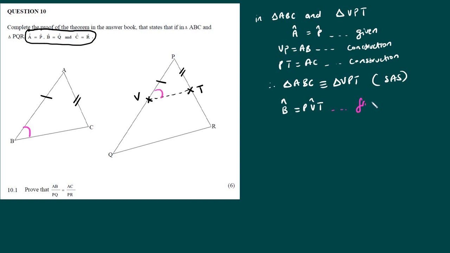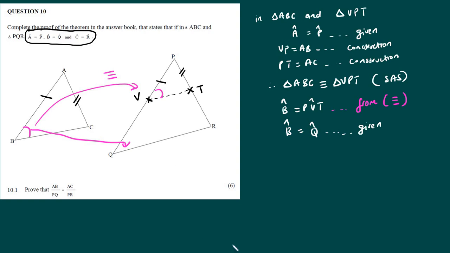You say from congruency, remember, from congruency. Then you say this is also equal to this one, right? So you tell them angle B is also equal to angle Q, but it's already given though. You can say from similarity or given, it's already given.